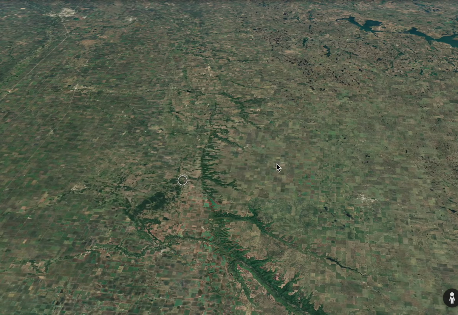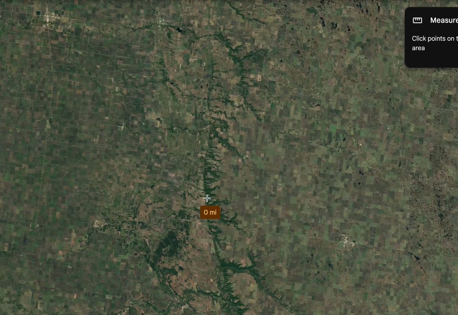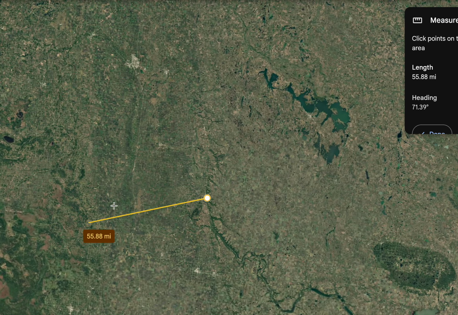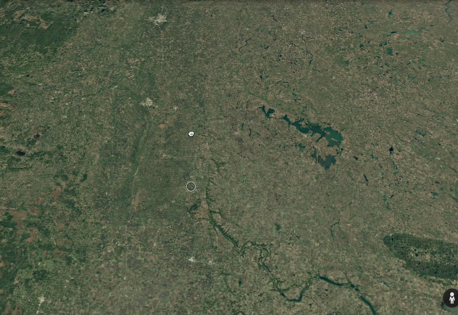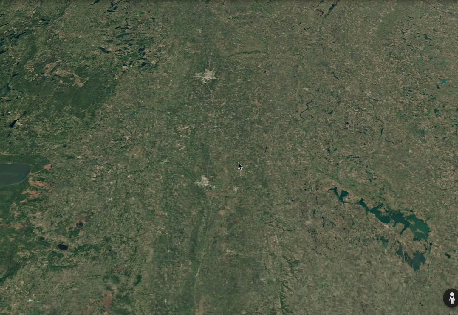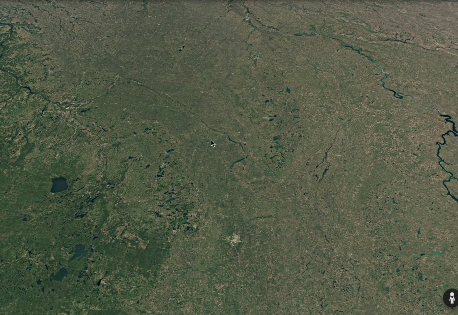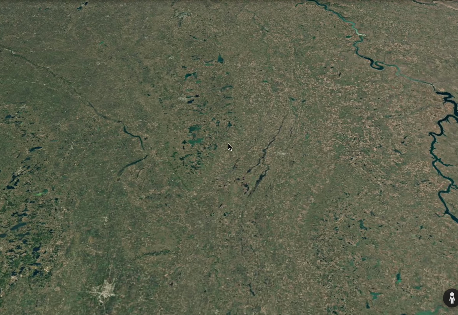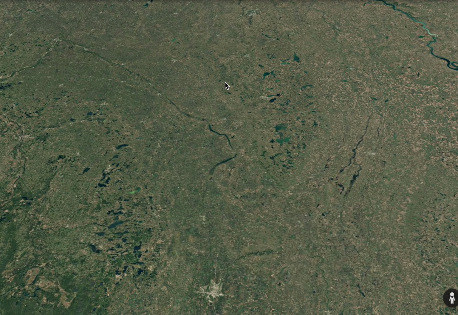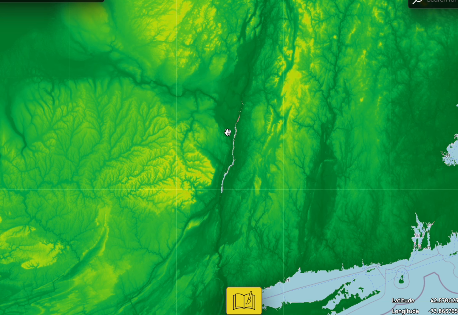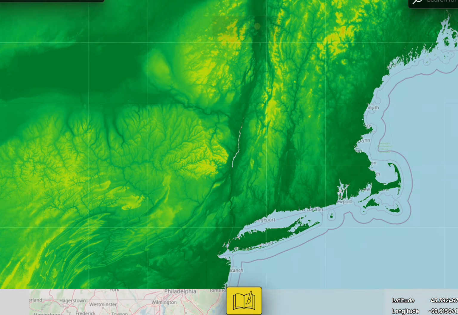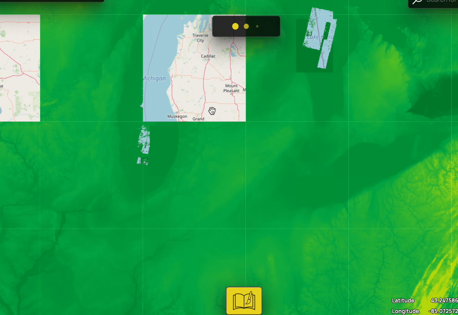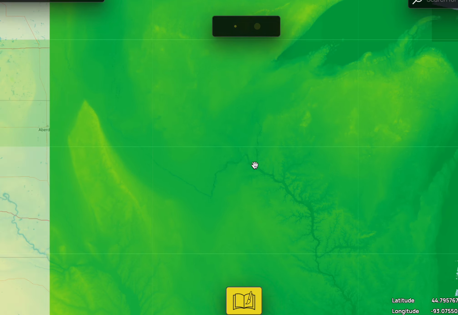Then this is a cliff edge. Get the width: 58 or 55 miles wide. This river channel came through here. Then you got the really wide one here. And this over here. Let me just go to the digital elevation real quick since I got it up. So you can see what I'm talking about.